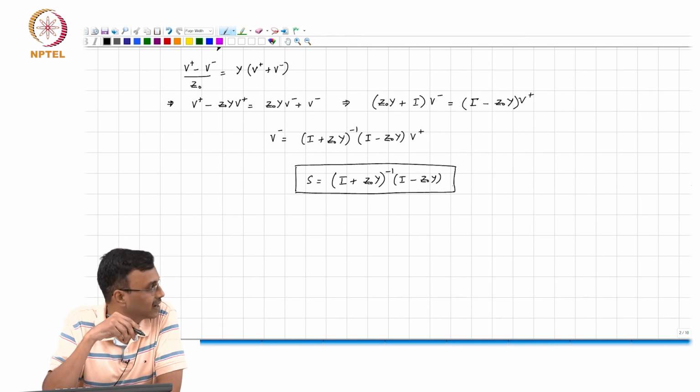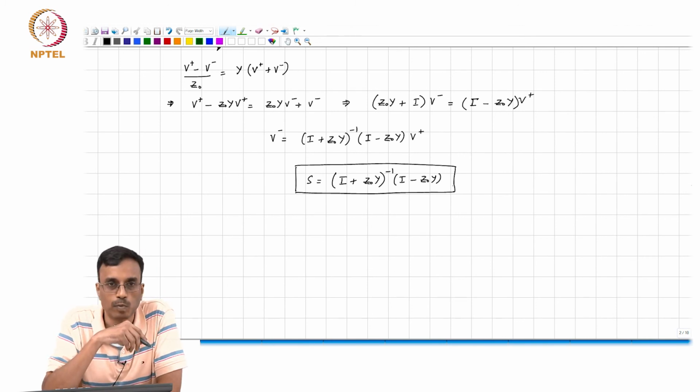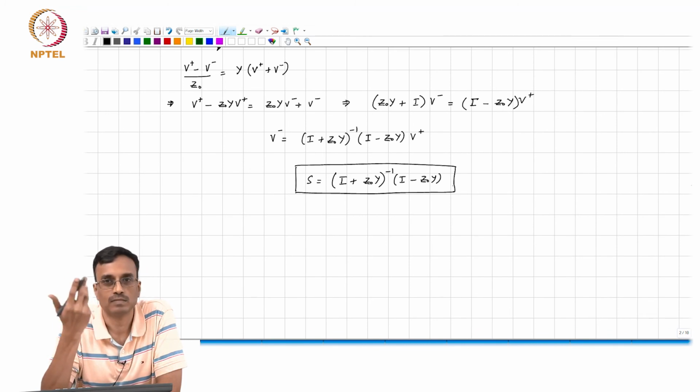Right. Sanity check. What is the easiest number of ports to work with for the sanity check? One port, right? Okay.